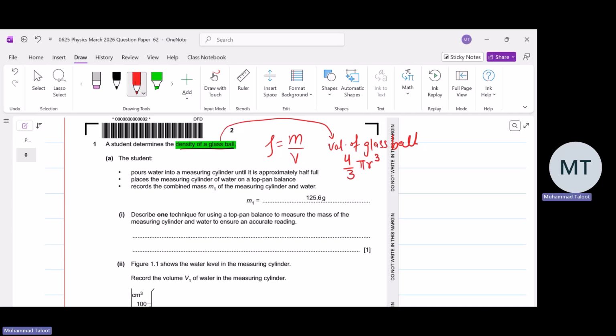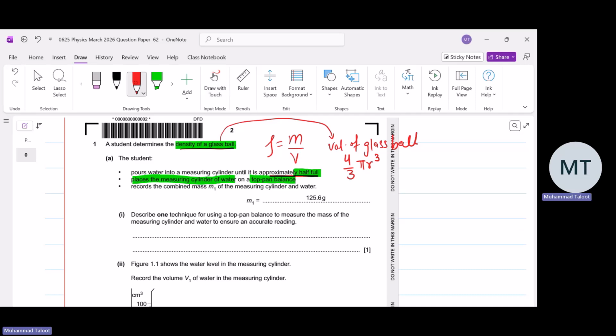Moving to A part, the student pours water into a measuring cylinder until it is approximately half full. So, moving forward, the student places the measuring cylinder of water on a top pan balance.